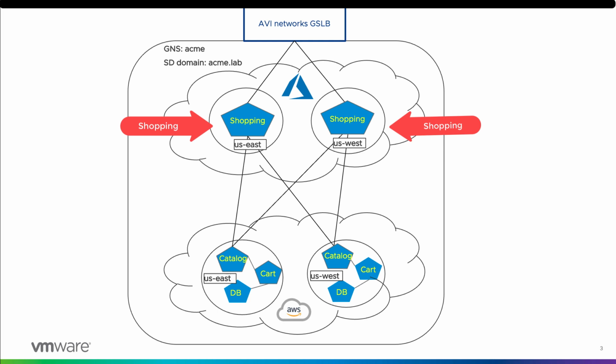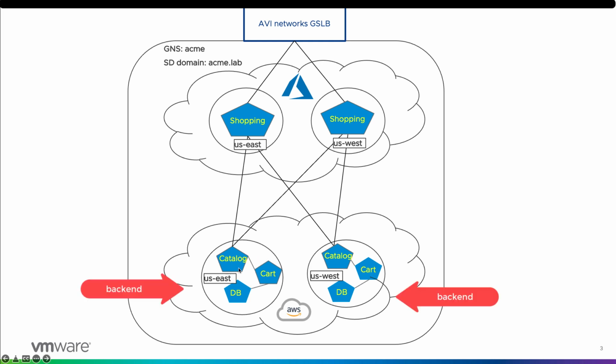I deployed the shopping service in both US East and US West sites for high availability purposes. I also deployed the backend services, which are the catalog, the cart, its database, and a bunch of other services. I deployed them in AWS. This is actually TKG, which is VMware's managed Kubernetes service deployed on EC2.